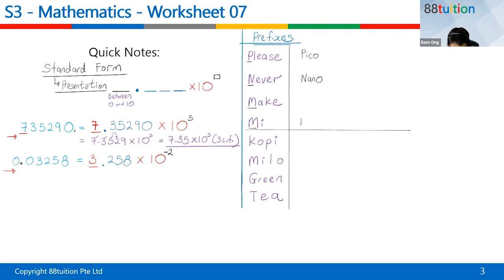M stands for milli. K stands for kilo. M stands for mega. G stands for giga. T stands for tera.